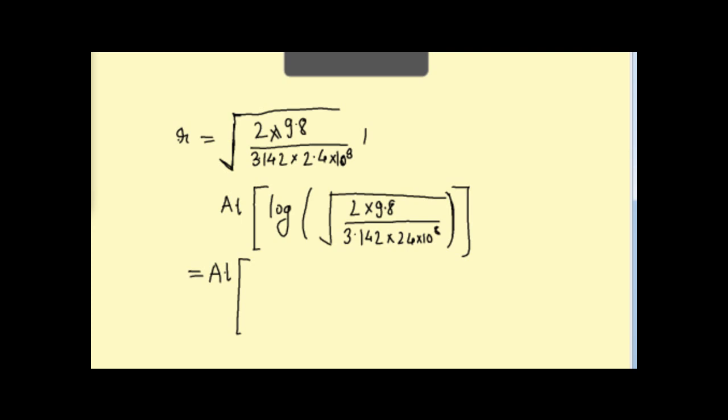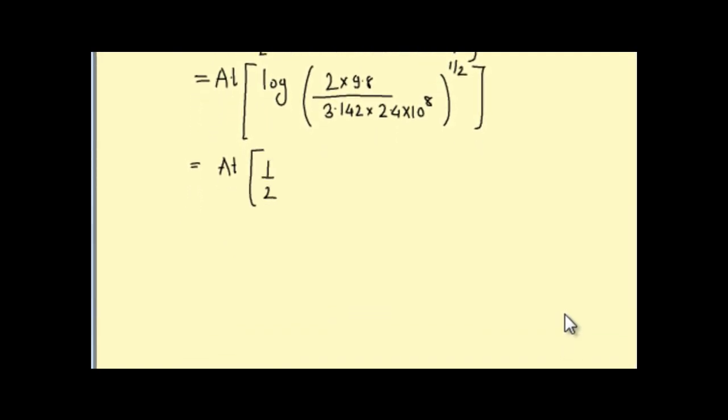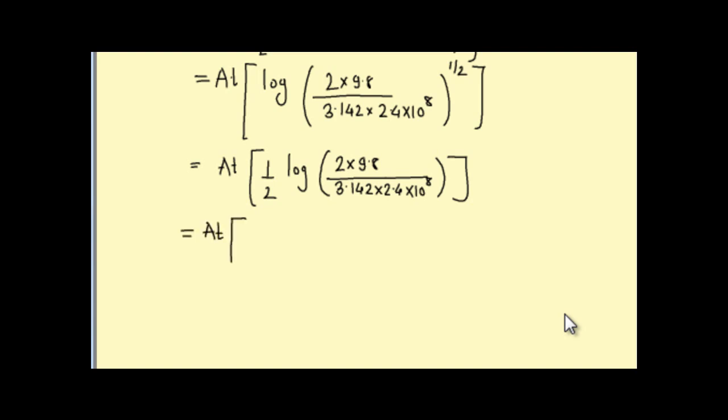As we know from the 3 rules of logarithms, you can write this value as antilog of half log of 2 into 9.8 divided by 3.142 into 2.4 into 10 raised to 8, that is equal to antilog of half of log of 2 plus log of 9.8.